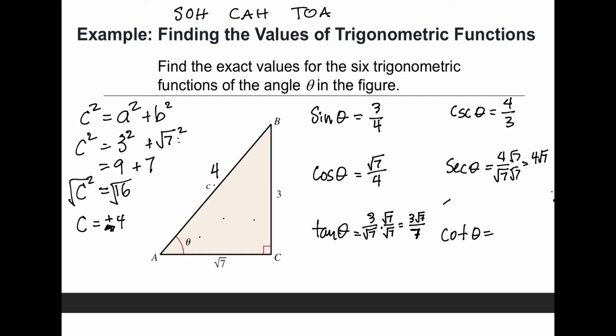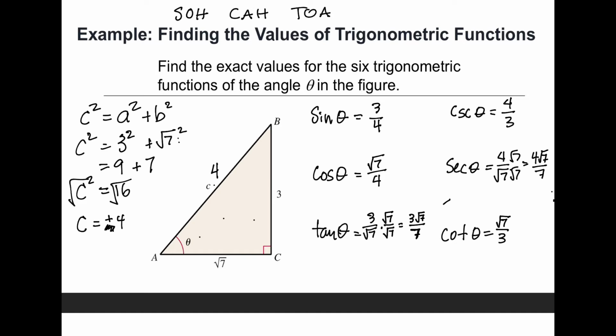Again, can't really cancel any of those. Tangent was 3 over root 7 before we rationalized it. So I'm just going to take the original one and say cotangent is square root of 7 over 3. Great. So these are my 7 trigonometric functions for this particular triangle.